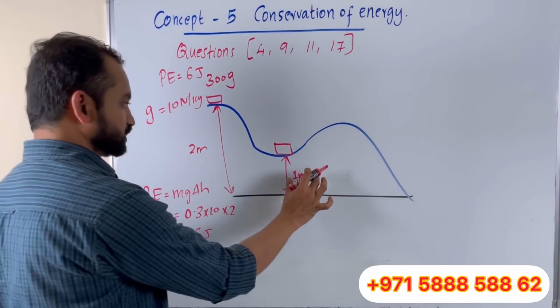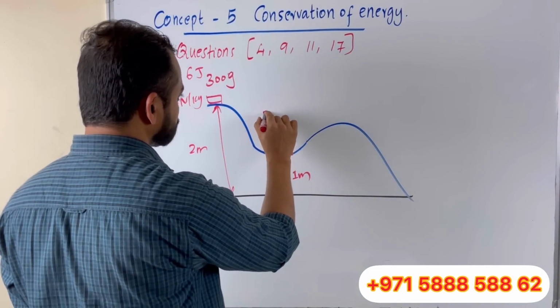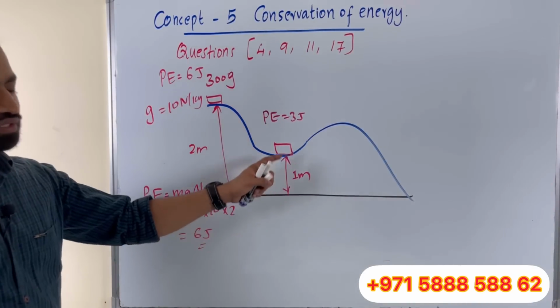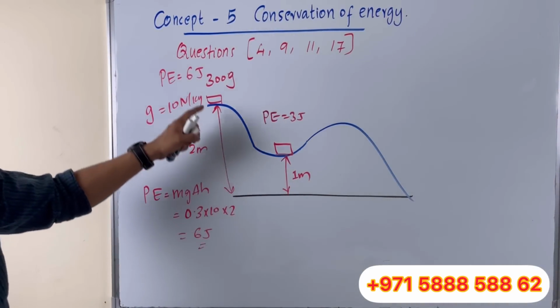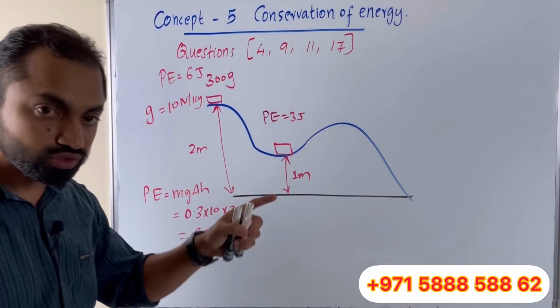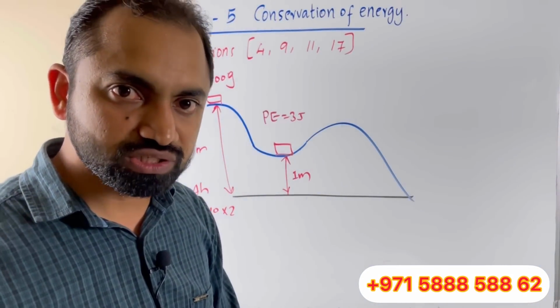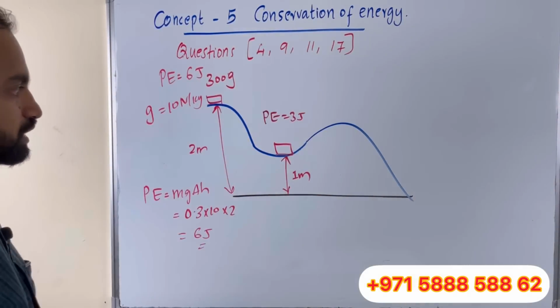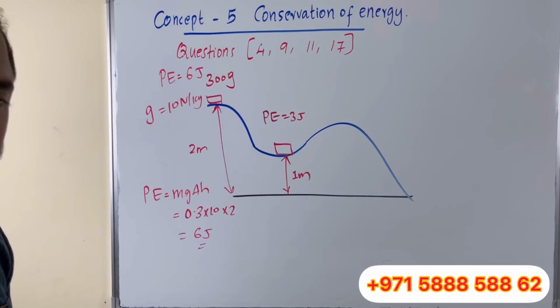Here its potential energy will be only 3 joule. Why? Because now the height is only 1 meter, half of the previous height. When height is reduced to half, its potential energy is reduced to half. Its potential energy was 6 joule, now it will be only 3 joule.